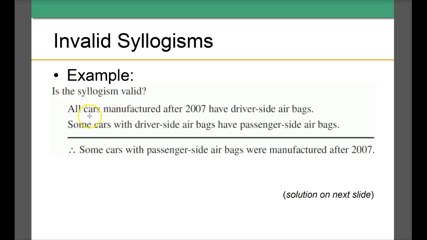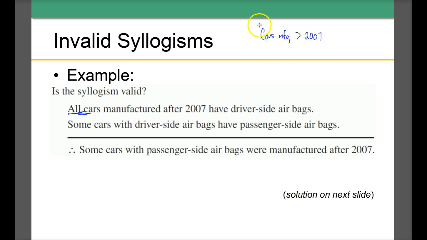So here we look at this syllogism and we first say that all cars manufactured after 2007 have driver side airbags. Okay, so if we want to look at this, we know that we're looking at cars manufactured beyond 2007.